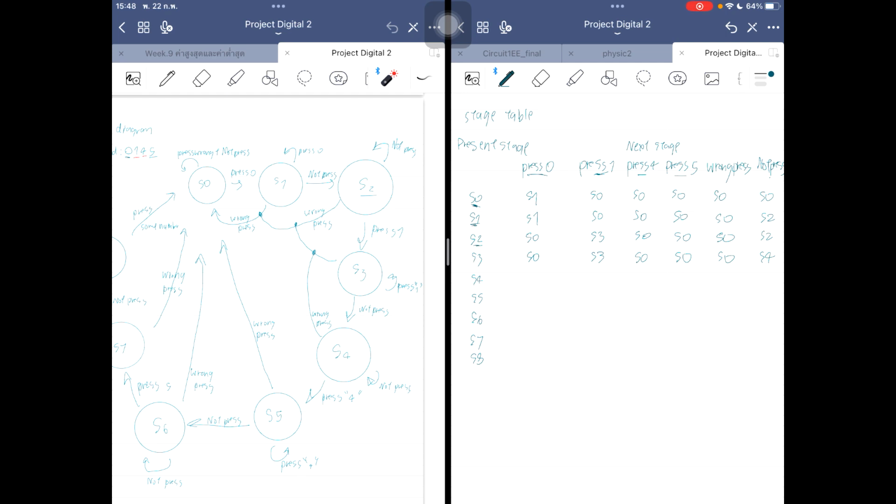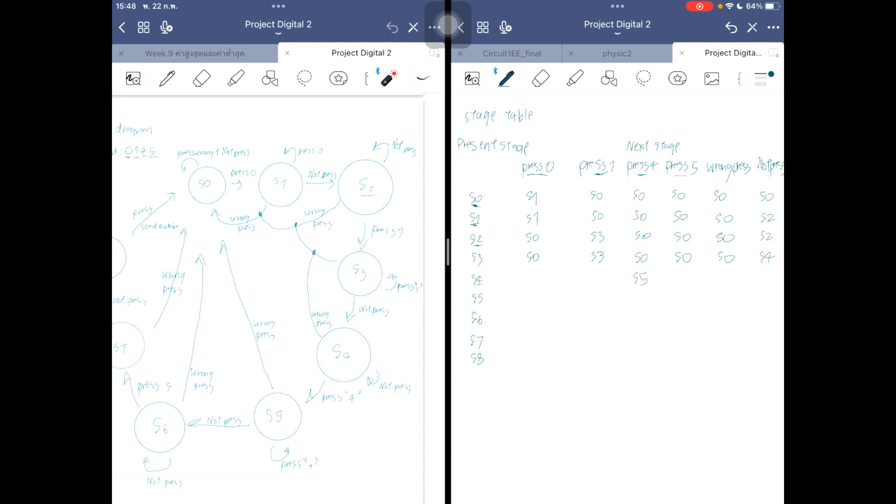State 4. In state 4, when you press 4, it will go to state 5 immediately. Then go to state 4, look at press 4, then write state 5 in the line of state 4.